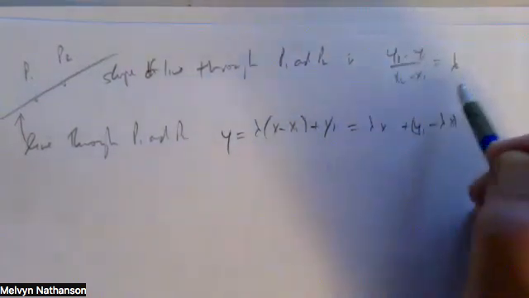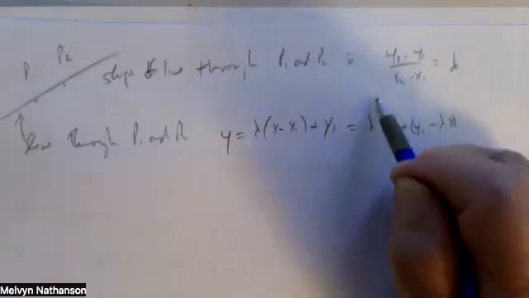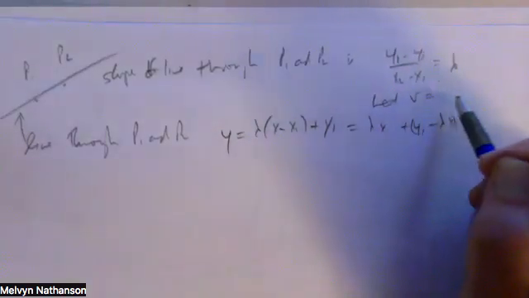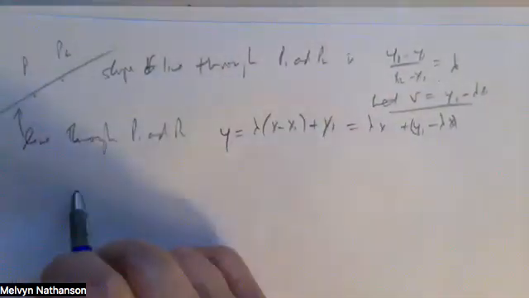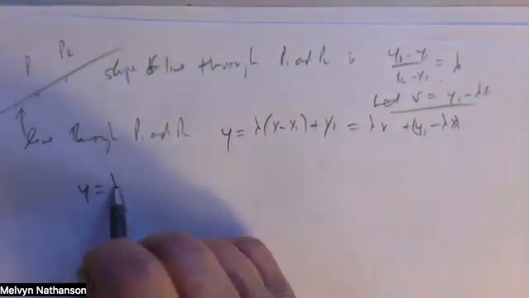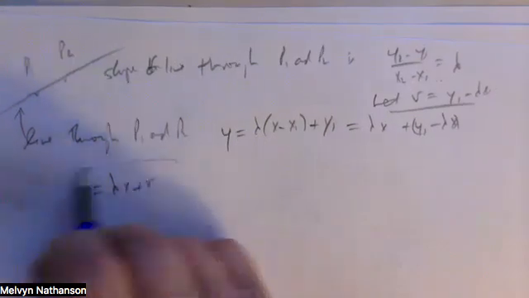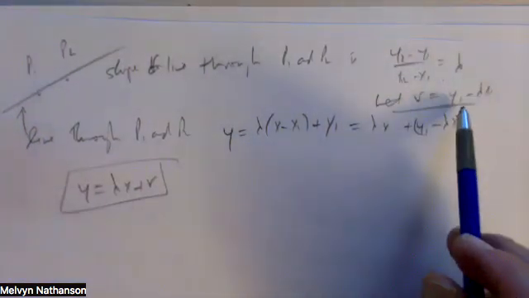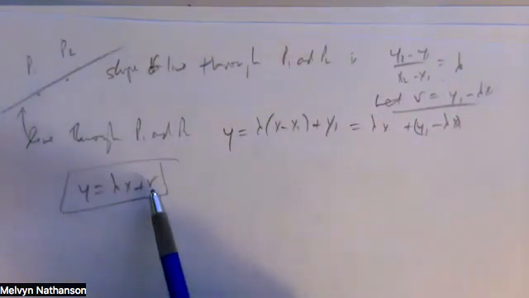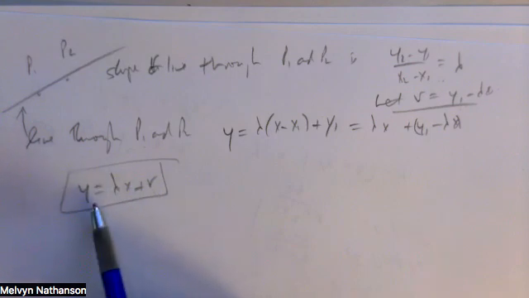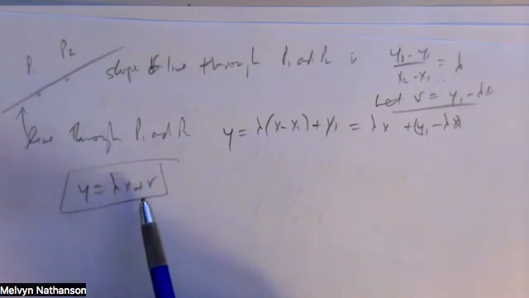And we let nu be equal to y1 minus lambda x1. So this is y equals lambda x plus nu. Lambda is the slope. Nu is the number that you need to choose for the y-intercept so that this line goes through the points P1 and P2.